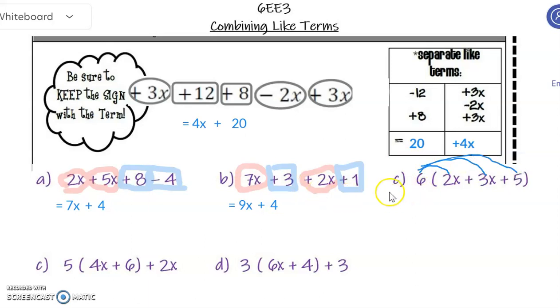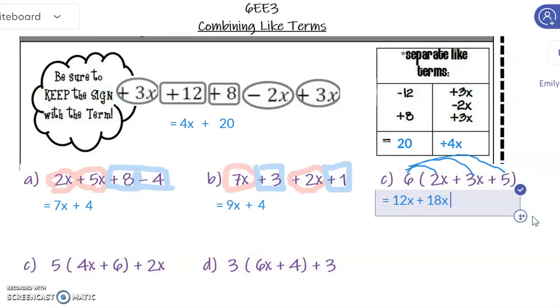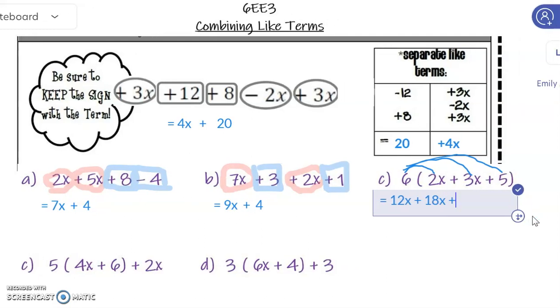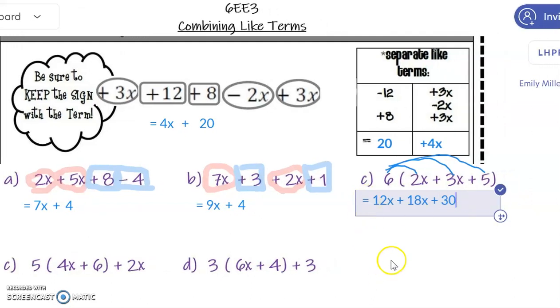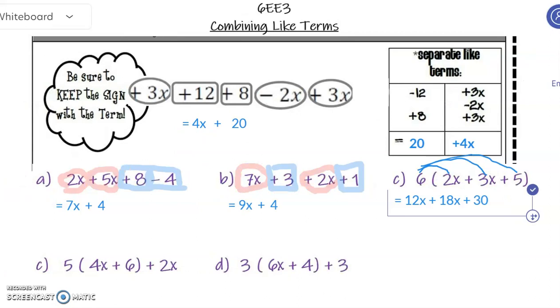So I end up with 12x plus 6 times 3x, which is 18x, plus the 6 times 5 is 30. All right, first I'm going to distribute, and then step 2 is to combine like terms, which I'm going to do over here.